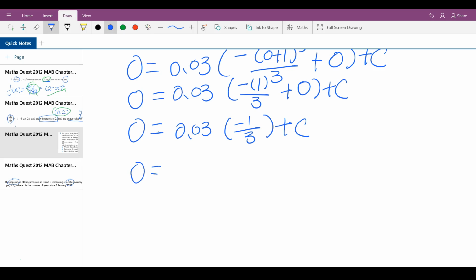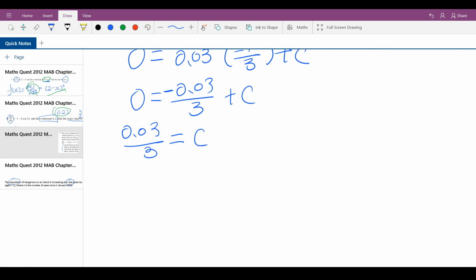And we get a negative value, so 0.03 on top of 3. So this is a negative plus c. Therefore, c would equal, when you move to the other side, it becomes a positive. So that would be your c.